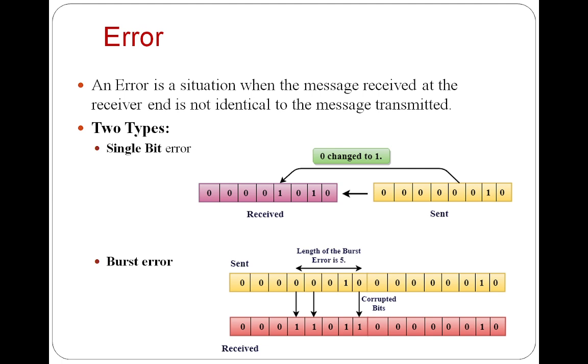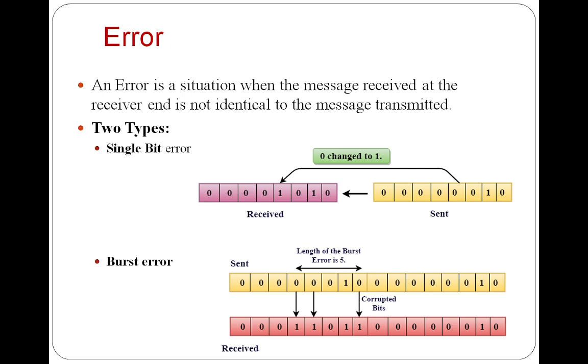If it is an ordinary message, there is no issue. If it is very sensitive or very important information, then if a modification happens between the sender and receiver, it will create a major issue. In order to avoid such problems, we go for error detection and correction mechanisms.